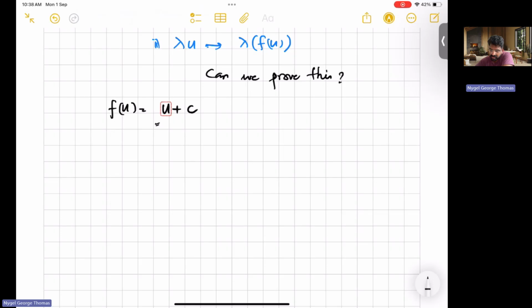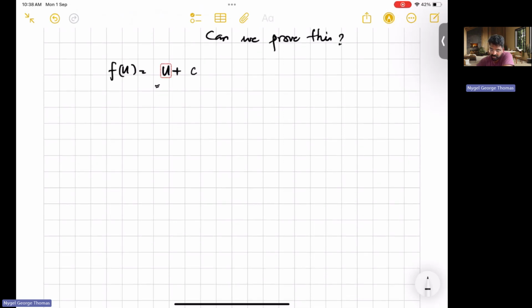Okay, let's take c is also a vector. Okay, more accurate. This is the translation. This is a constant vector, which we are always translating. Then f of u1, let's take this property, f of lambda times u1 is equal to, yeah, lambda u plus c.